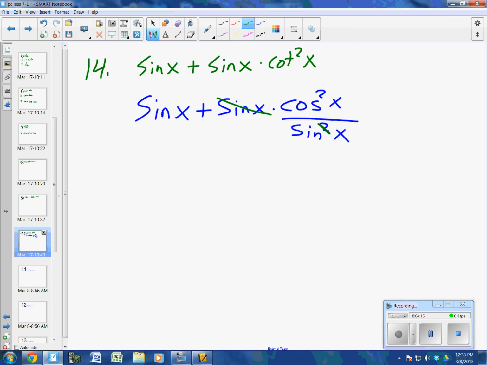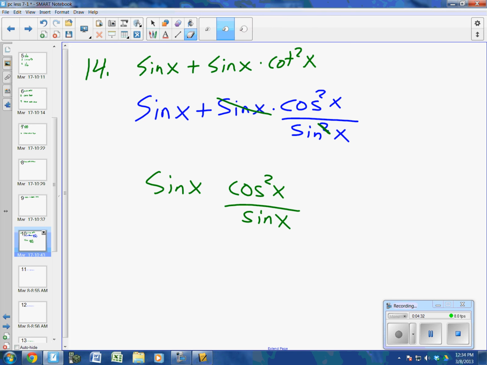Can't cancel with this sine because that sine's being added to it, right? So now we have sine of x plus cosine squared of x over sine of x. Whoops, that should be a plus. You're right. Because it's this sine that we brought down, and we had that plus sign right there, okay?